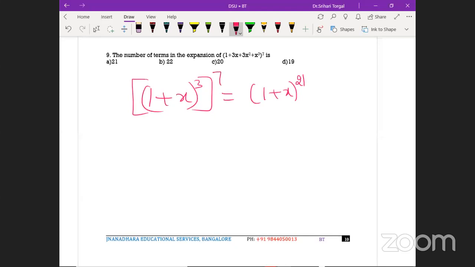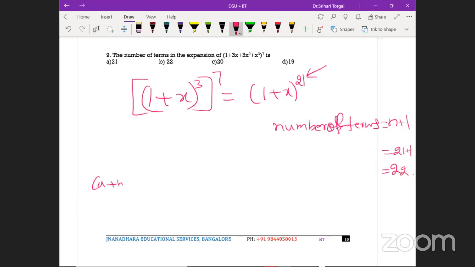How many terms are there? If the power is 21, the number of terms is 1 more than that. Number of terms is equal to n plus 1, that is 21 plus 1, which is equal to 22.